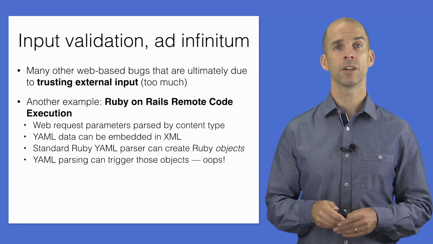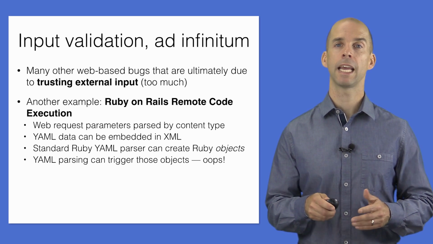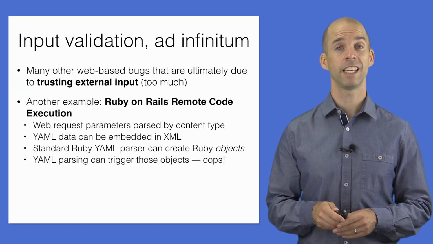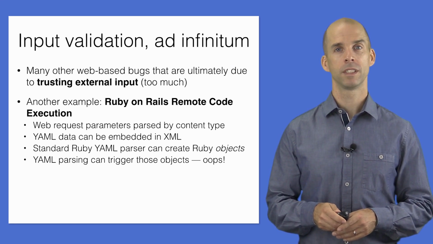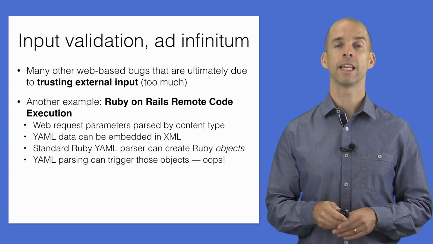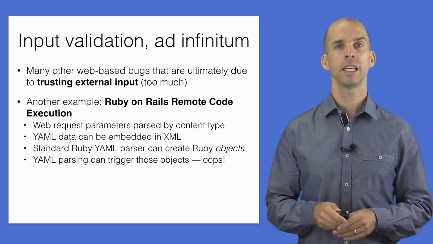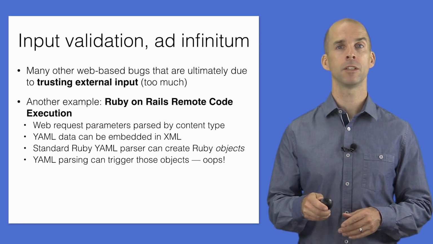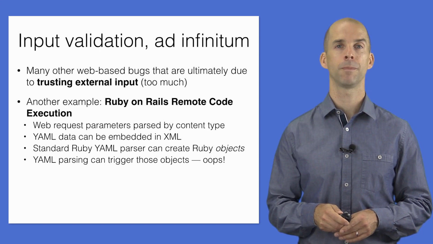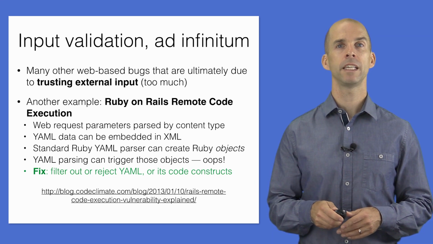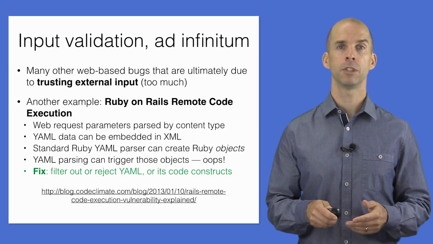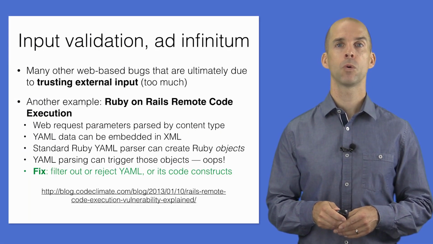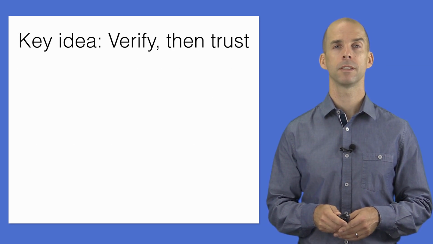This means that an attacker can send a carefully crafted message to any Ruby on Rails application and get it to run code on the attacker's behalf. Whoa. Once again, the problem here is accepting input without validating it. The problem is hidden from the application developers because the bug is in the Ruby on Rails framework and not the application. A fix to validate the input might be to reject YAML altogether, or to reject YAML-encoded objects that embed code. Of course, as with XSS, holes in the filters mean that vulnerabilities will persist.